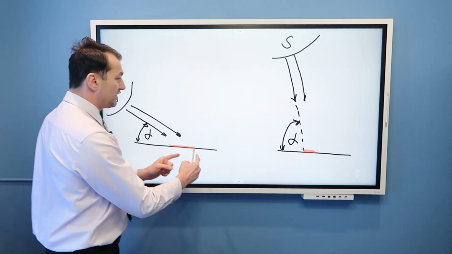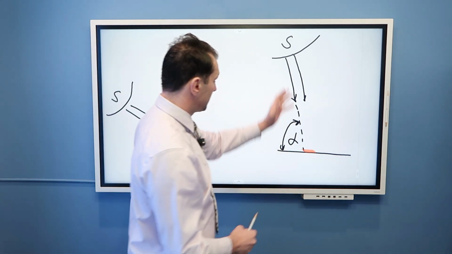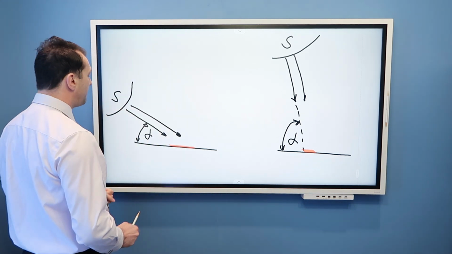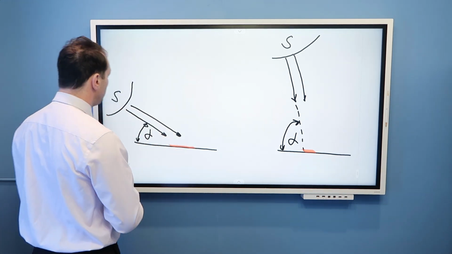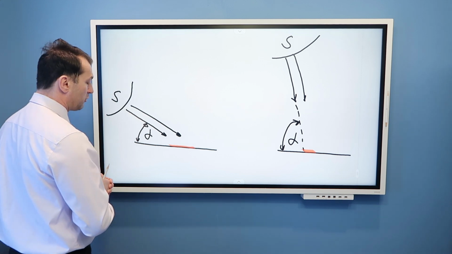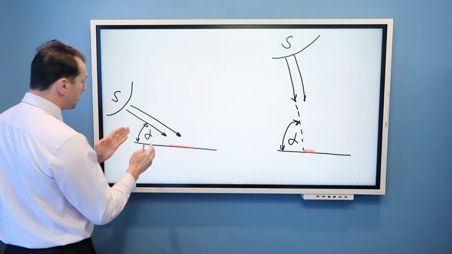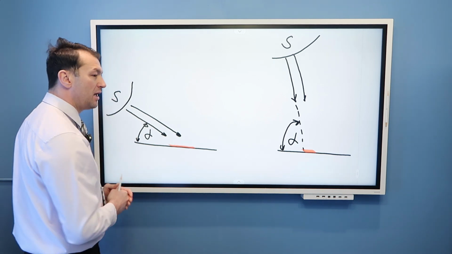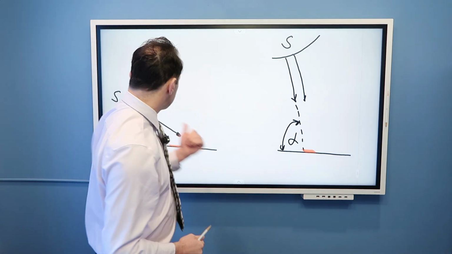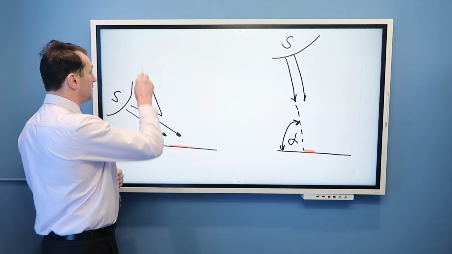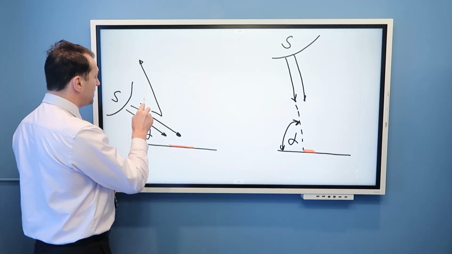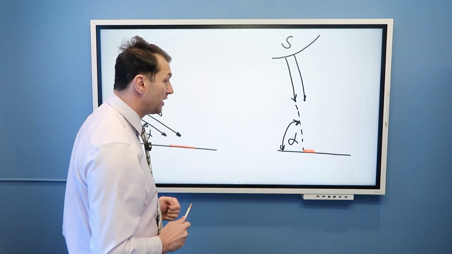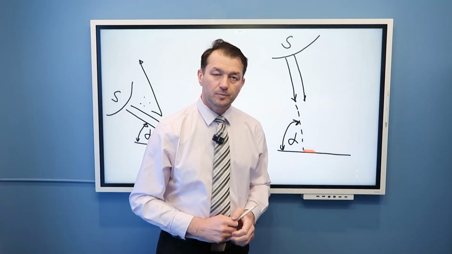And that means that the warming of the surface around local noon hours will be much more profound than the warming of the surface during the morning hours. In addition, during the morning hours, the path of sun rays through the atmosphere is much longer, so there is more chance of these sun rays being backscattered into the outer space or being absorbed in higher regions of the atmosphere, thereby not reaching the surface of the Earth.